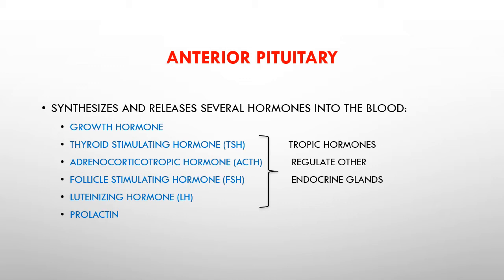Those are our thyroid stimulating hormone, our adrenocorticotropic hormone, or ACTH, our follicle stimulating hormone, and our luteinizing hormone. Those all go down to another endocrine gland, which is then stimulated to release its product. Growth hormone and prolactin are both going to go down to target tissues, and we'll take a look at those right now.